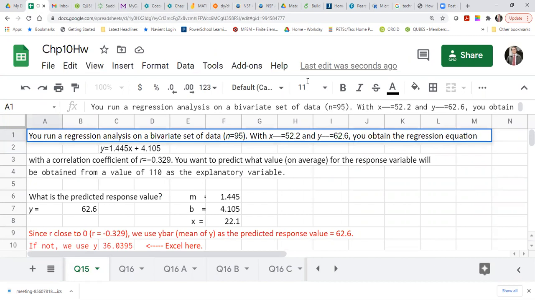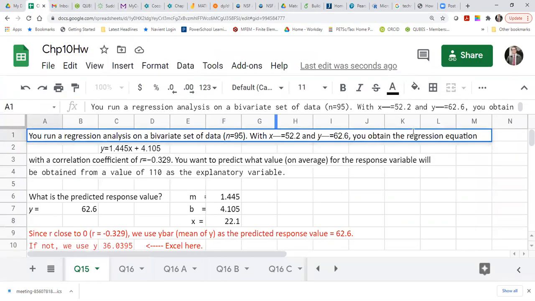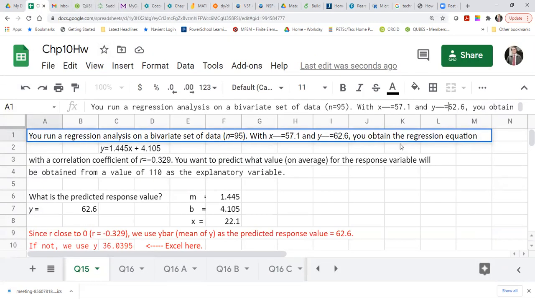And the x bar is 57.1. And the y bar is 76.6.